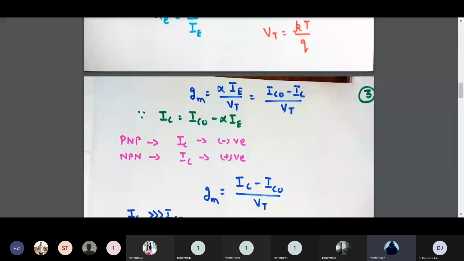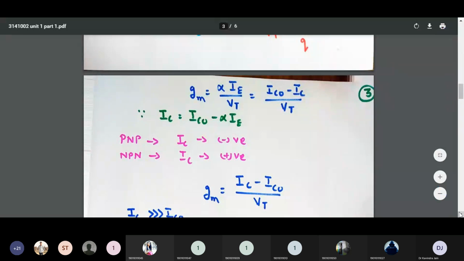Now, gm is positive because IC is very, very larger than ICO. Why? ICO is nothing but reverse saturation collector current, so it has to be very, very small as compared to collector current in case of a CE amplifier.